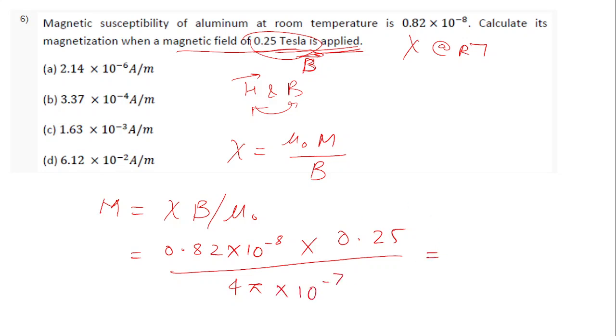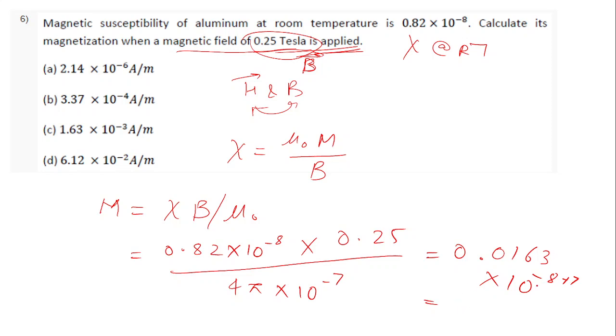When we calculate this, 0.82 times 0.25 is divided by 4 pi. This will be 0.0163, and 10 to the power, okay, minus 8 plus 7 means minus 1.